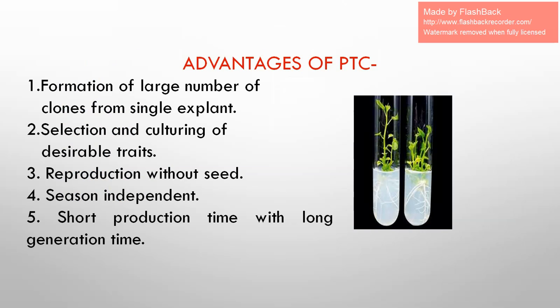So the first advantage is formation of a large number of clones from a single explant. Means we can prepare thousands of plants by using a single explant, or a small portion of a plant we can use for growing millions of plants.